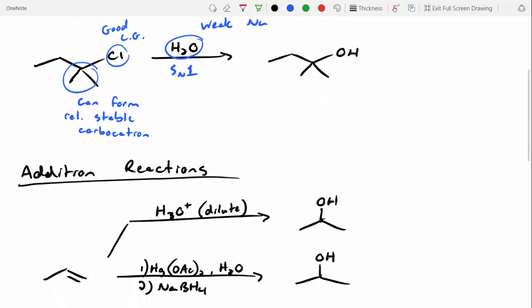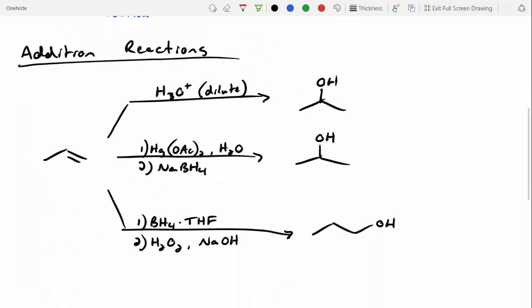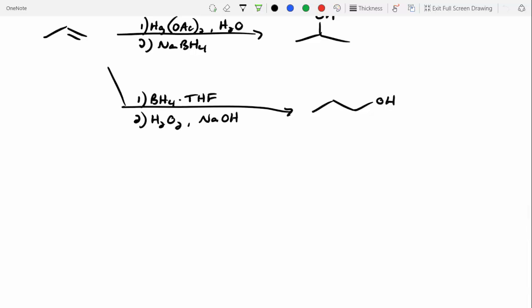And then in chapter 9, we covered addition reactions of alkenes, where we can treat an alkene with acid, or we can do hydroboration oxidation, or we can do oxymercuration demercuration. So all three of those routes can be used to make alcohols. However, we covered a couple different ways too. And I want you guys to help me fill in these reagents.